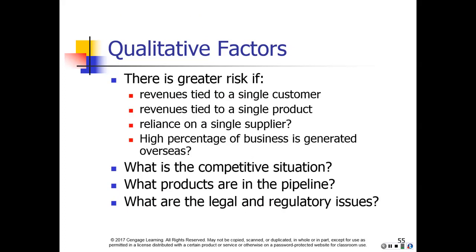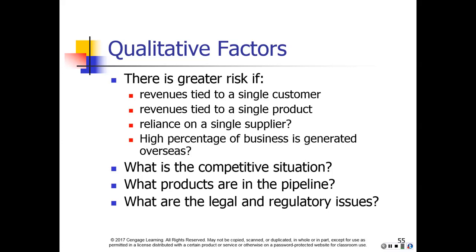And there are some qualitative factors to consider which may not be covered by the numbers in the ratio analysis that we look at, right? For instance, there's greater risk if revenues are tied to a single customer.